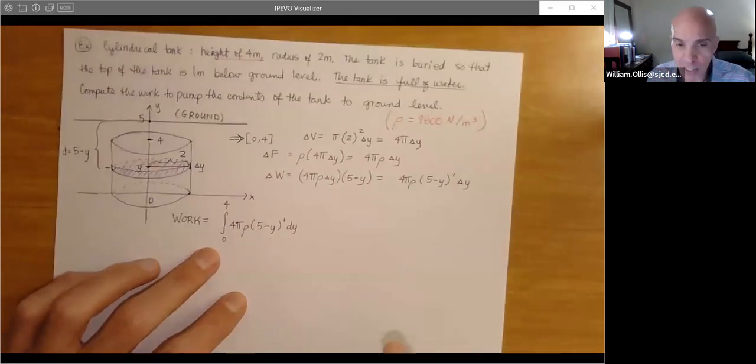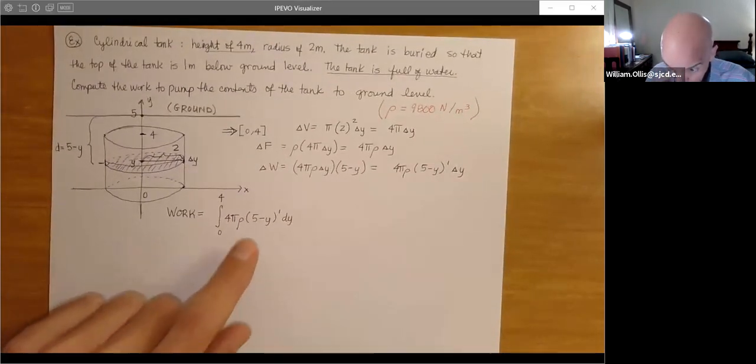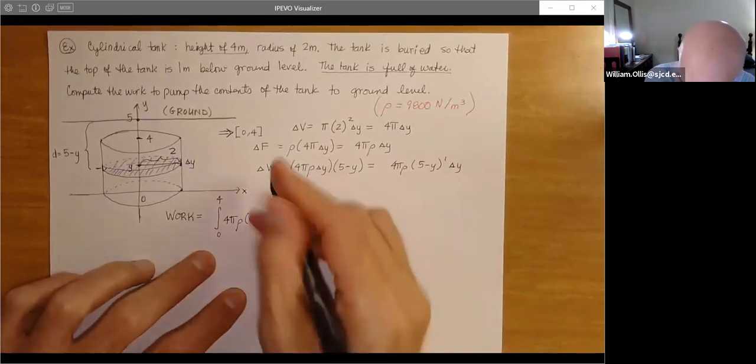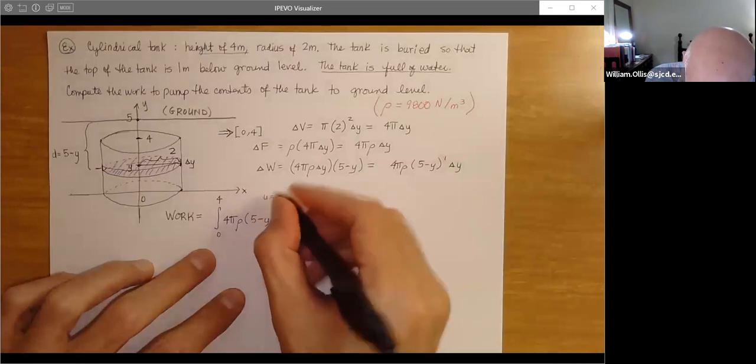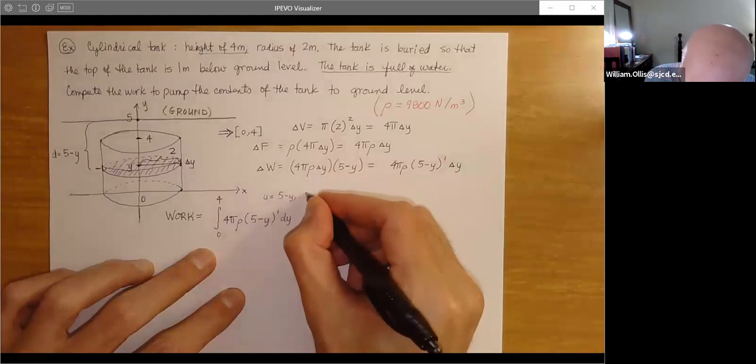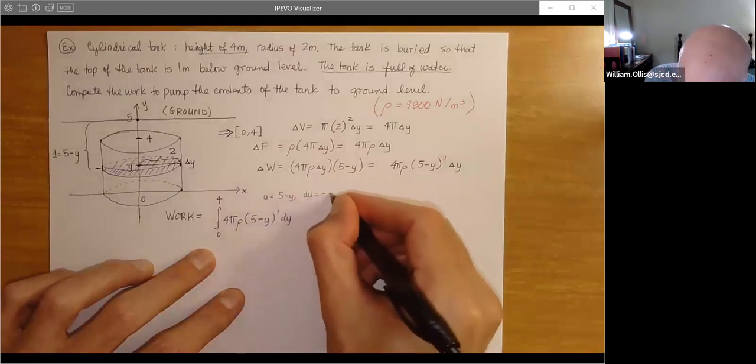This looks very similar to the last problem. We can go ahead and rig it for table ready. So again, we'll just say u equals 5 minus y and du equals negative dy.